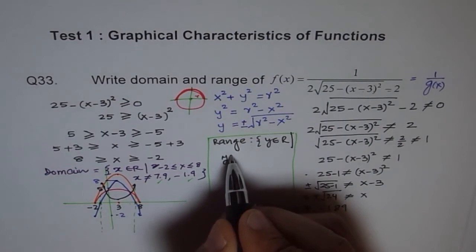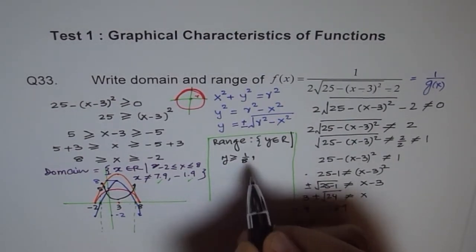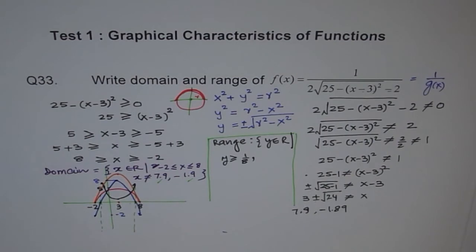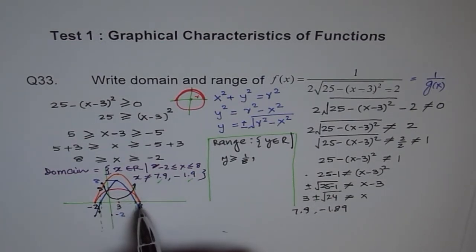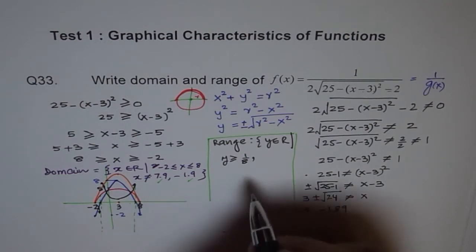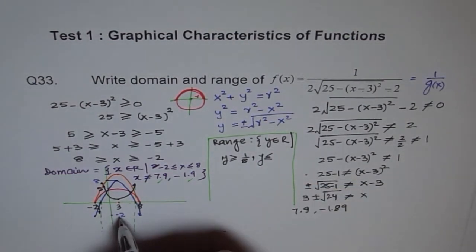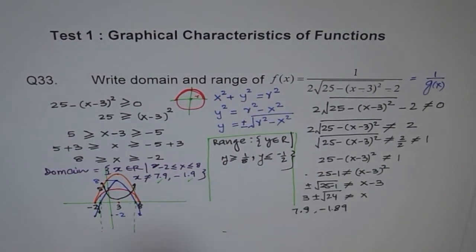So where y is greater than or equal to 1 over 8. This is the first part which we got, correct? And in the lower half, the lowest point is minus 2, which is this point. Reciprocal of minus 2 will be minus half, and negative reciprocal is always negative. So this part will be like 1 over x curve like this. So we'll say y is less than or equal to minus 1 over 2. So that becomes our range.